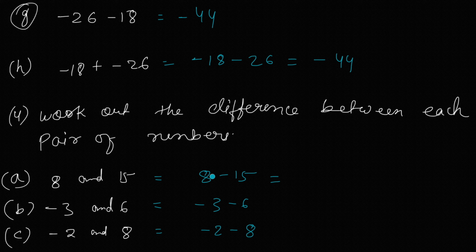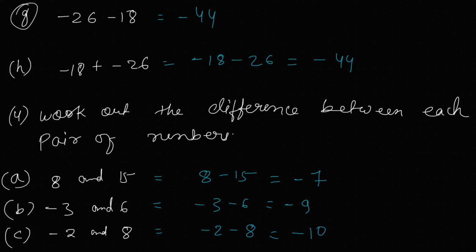So 8 minus 15 is minus 7. Minus 3 and minus 6: so negative negative is positive, but the sign will remain of the greater number. It will be minus 9. And minus 2 minus 8 is minus 10.